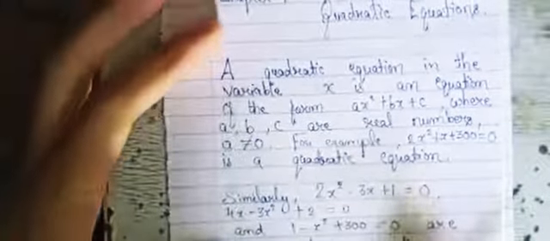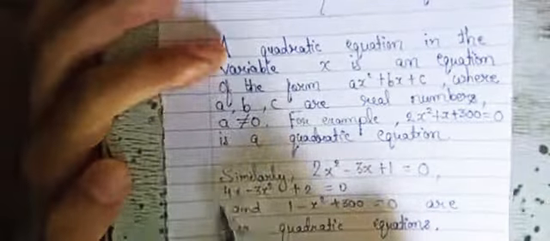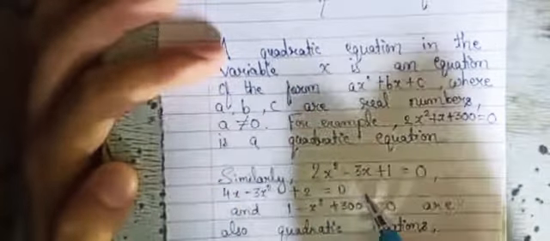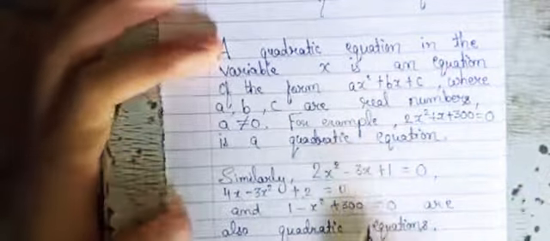Similarly, 2x square minus 3x equal to 0 is a quadratic equation. 4x minus 3x square plus 2 equal to 0 is also a quadratic equation. Here we have rearranged the terms. 4x is written first and 3x square in the middle, but the form is the same. We can rearrange the equation, but it should be in the form ax square plus bx plus c, so it can be considered a quadratic equation.